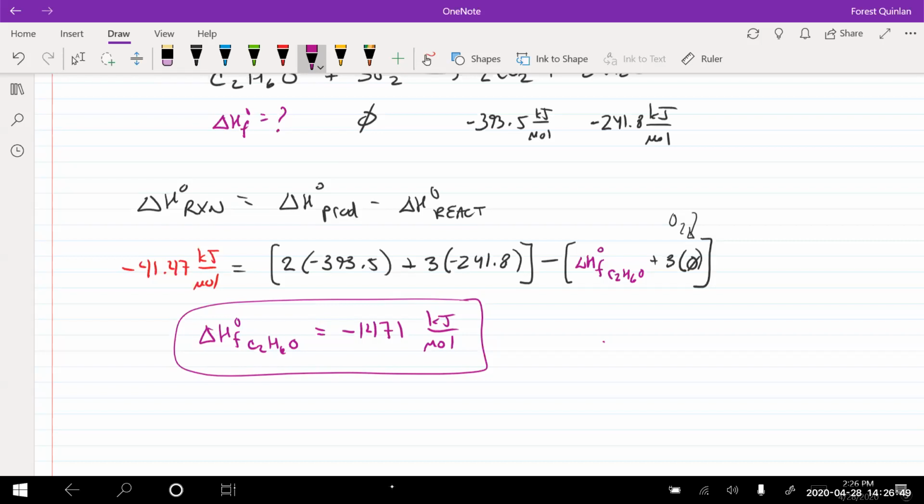Today, we looked at how you can take the difference in energy of the enthalpic bonds between products and reactants and get an overall energy for a reaction. We also took an overall reaction and actually determined one of the parts of that reaction.